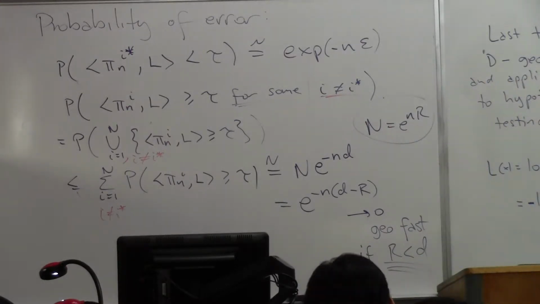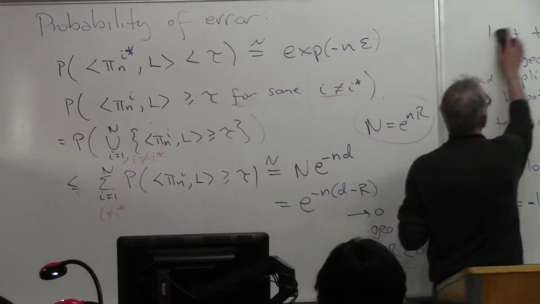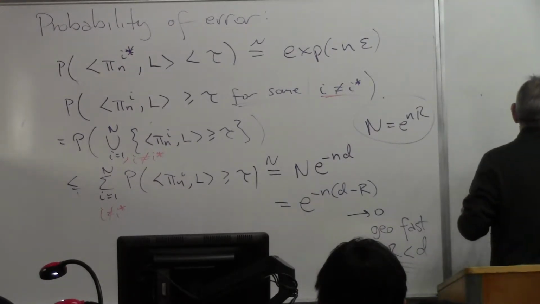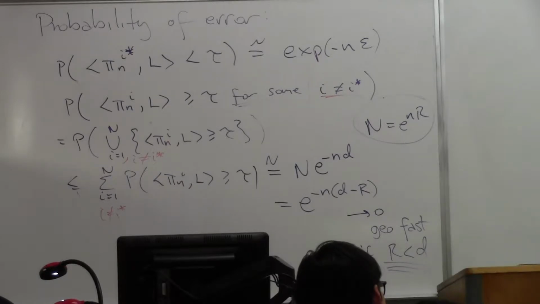And how big can d be? Here's where you get to say relative entropy. How big can d be? I can make this bigger and bigger until these guys just meet.